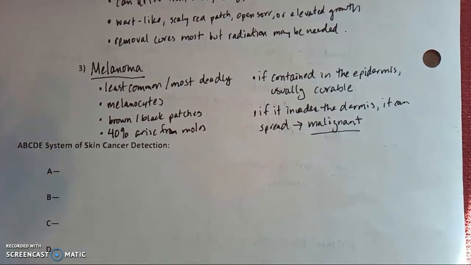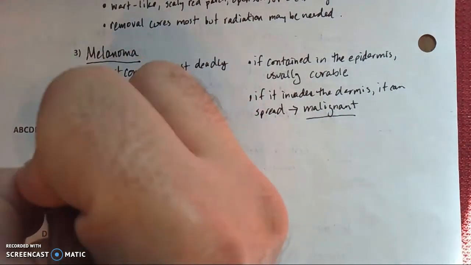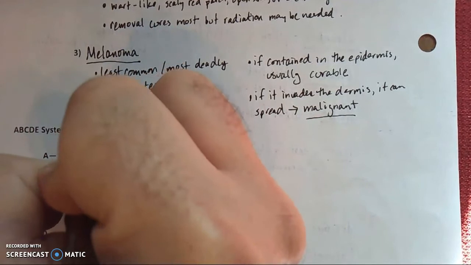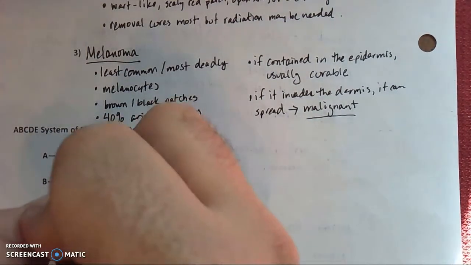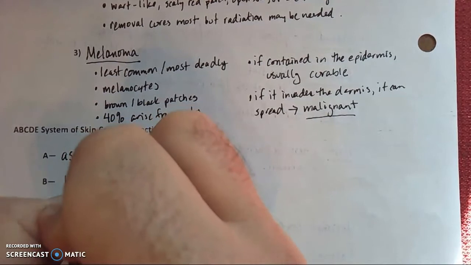It might be nothing, but if you catch it early enough, it's very, very treatable. So A stands for asymmetry. So if we look at something on the skin and it looks very asymmetrical, especially a mole, it's best to get it checked. B stands for border irregularity.